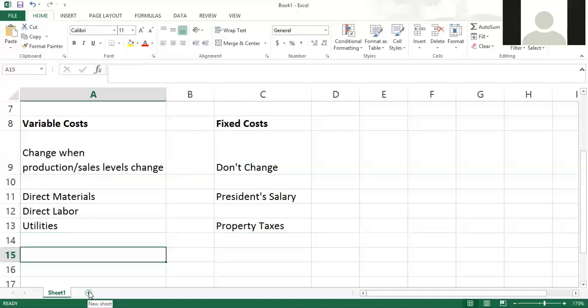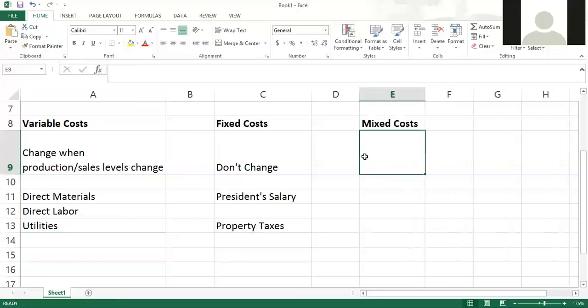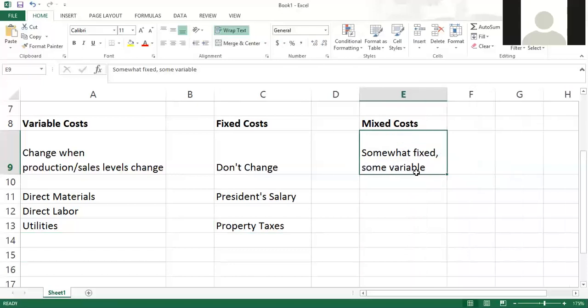One thing you'll want to do before you get into the break-even analysis is look at what you will see called mixed costs. That's just a hybrid of fixed and variable. A mixed cost is somewhat fixed and somewhat variable. I know. Just when you thought it actually made some sense, then I throw a complication at you.